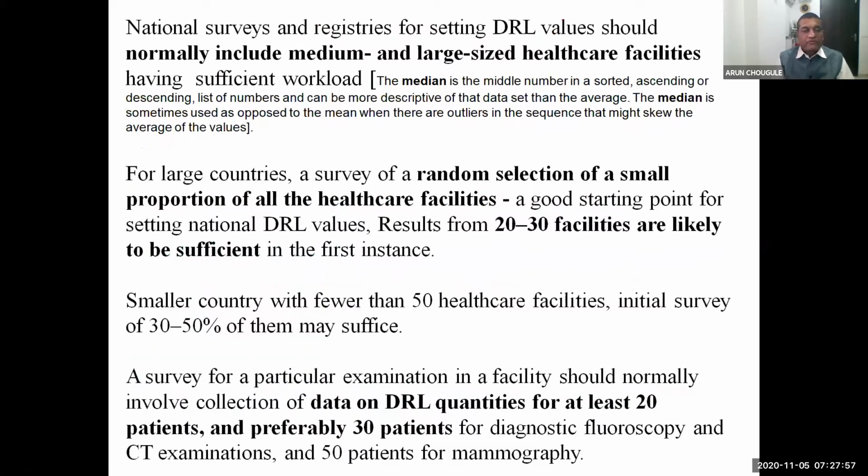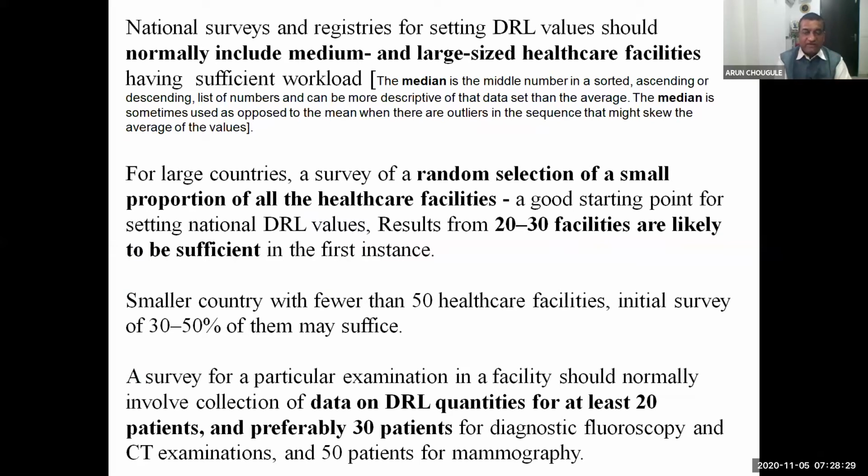National surveys and registries for setting DRL values should normally include medium and large size healthcare facilities having sufficient workload. So when you are going to set the DRL values, the hospital you choose should be a medium workload facility having sufficient workload, at least 30 to 40 X-rays of different kinds.